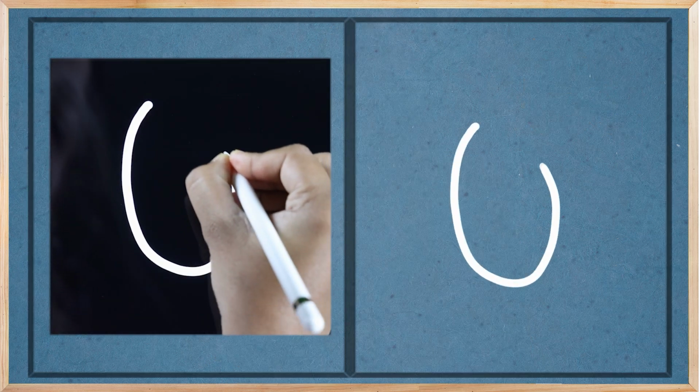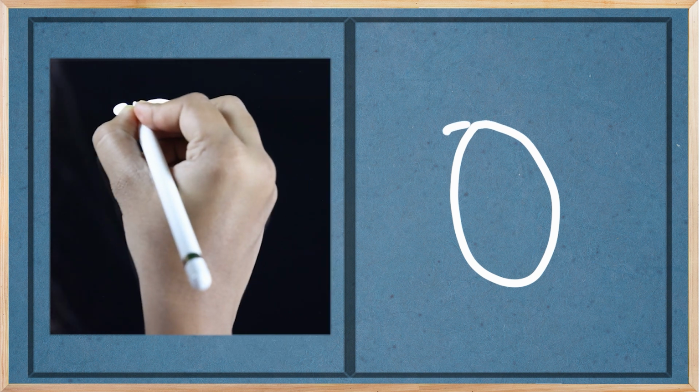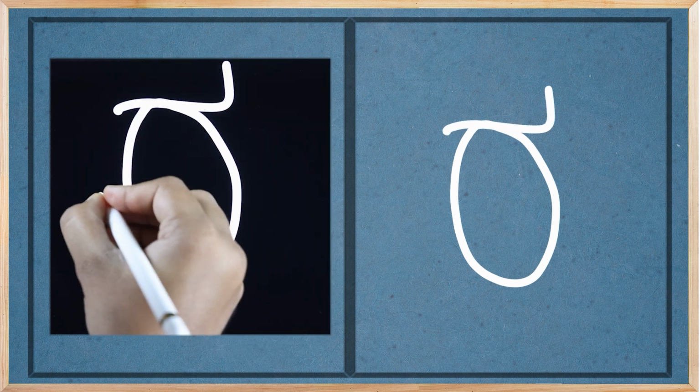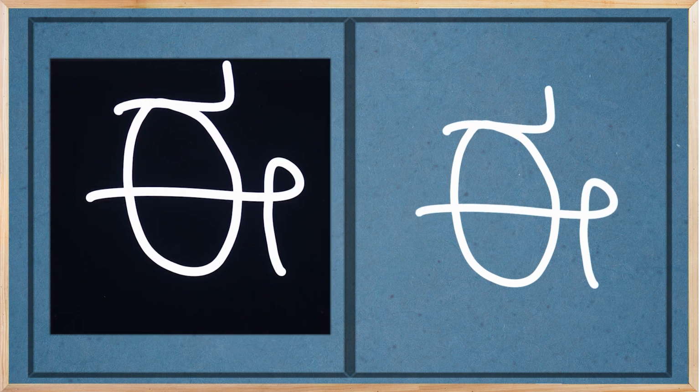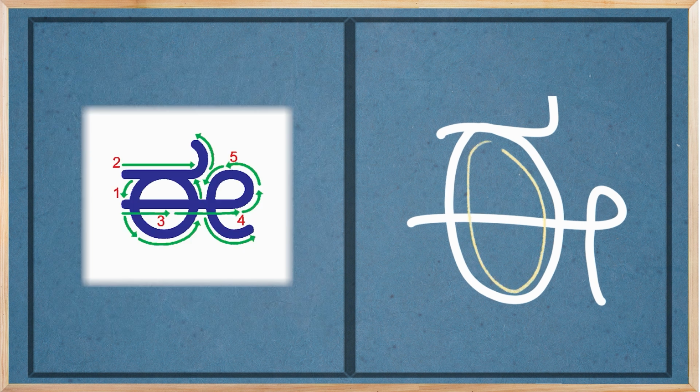Now let's move on to E. To write this, add a line in the middle of the letter Ra and make a loop outside as indicated by the arrows. This letter represents the vowel E, pronounced as E in Devanagari.